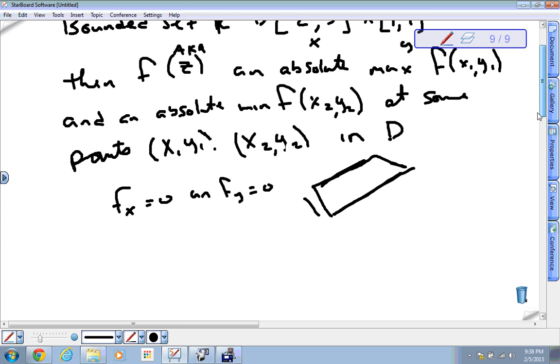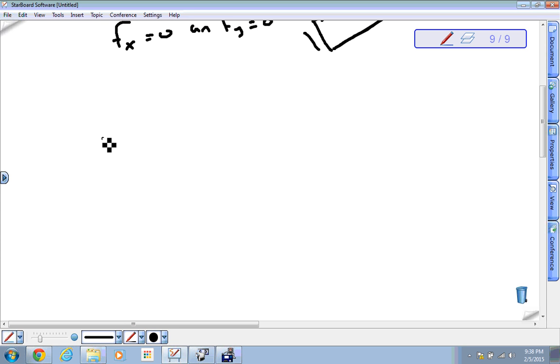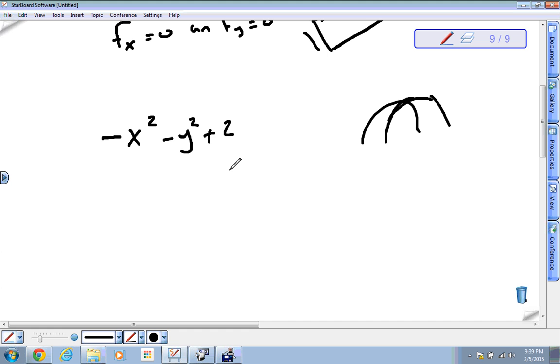You know, if you graphed things like you've always expected, negative x squared minus y squared plus 2. Negative x squared plus 2, you know what that looks like. And by the way, negative y squared plus 2, you also know what that looks like, right? So are you going to be shocked when this looks like a paraboloid that opens down where there's a maximum right there? Well, I'm not shocked by that at all. There'll be some times when you will be shocked.